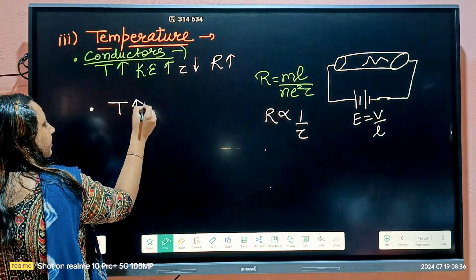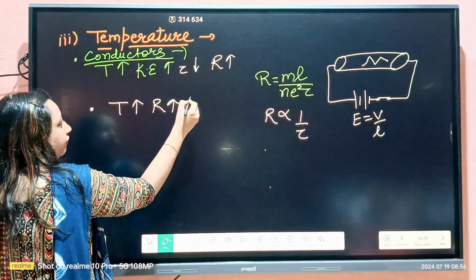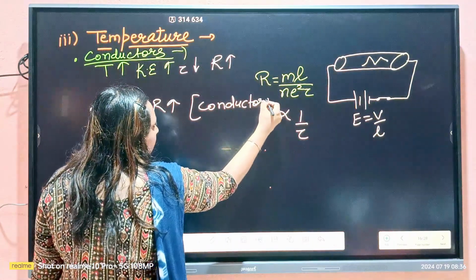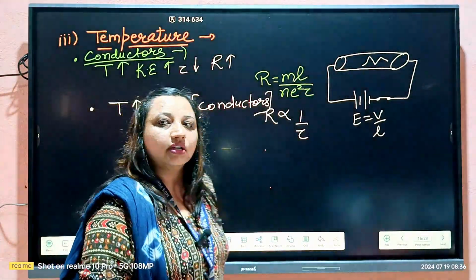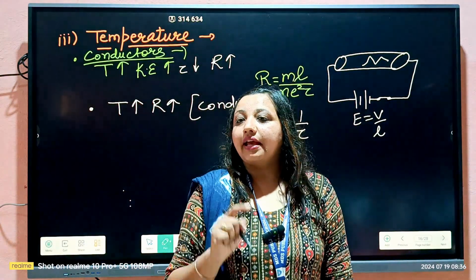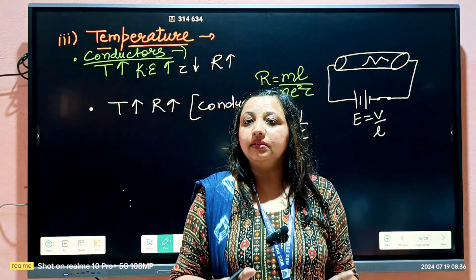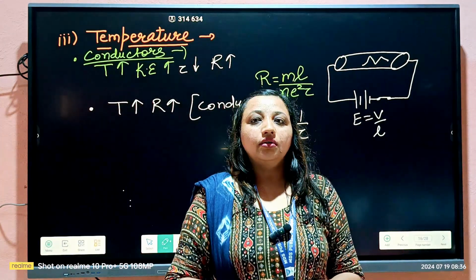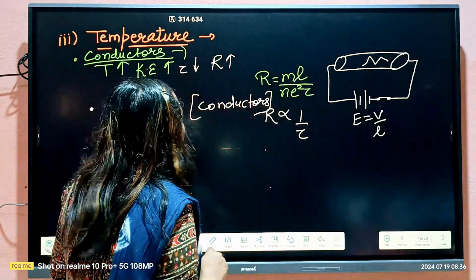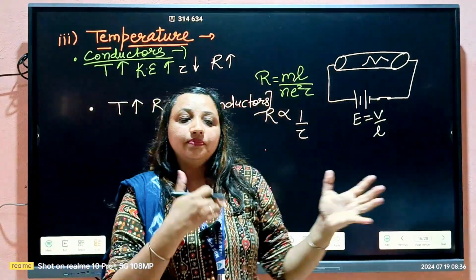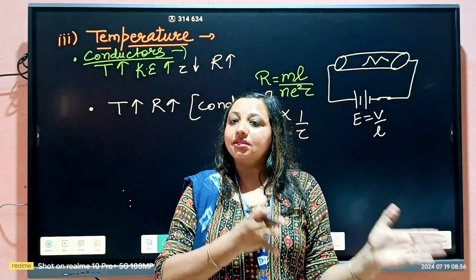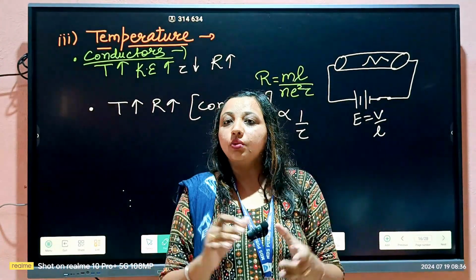With the increase in the temperature, the resistance of the conductors increases as the temperature of a conductor increases. Understand? Or any doubt? We can also show this effect with another relation, the relation between resistance and temperature, with an equation.